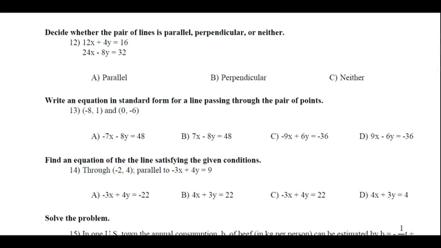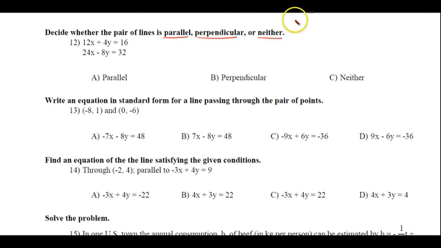Now, for these, you want a strategy to figure it out. We want to know whether these lines are parallel, perpendicular, or neither. Again, a topic we covered in an earlier class. Well, we had said that the best way to compare when they're asking for this is to solve for y.